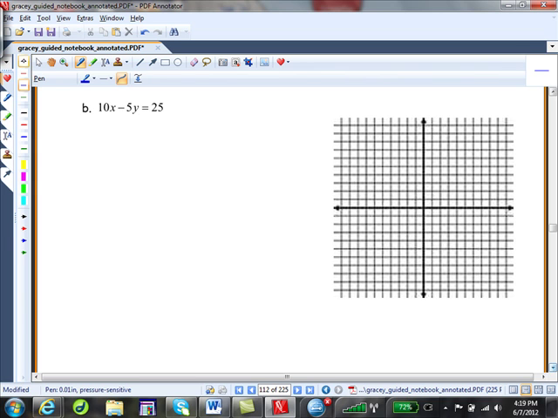So on this one, in order to use slope-intercept form, we have to isolate the y. So this will give us negative 5y is equal to negative 10x plus 25. Now we have to multiply both sides by negative 1/5.